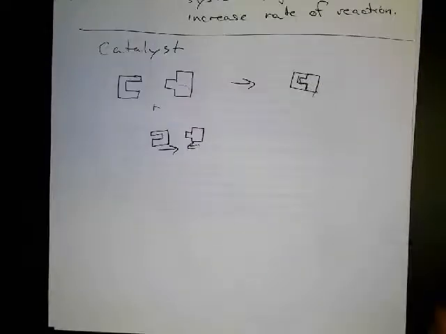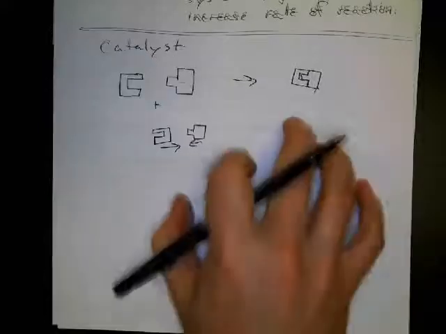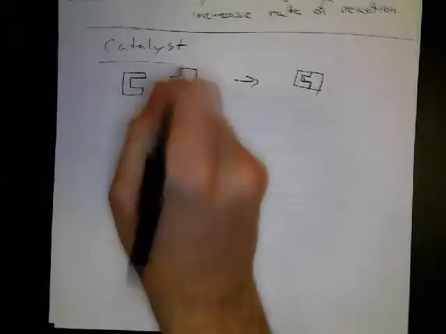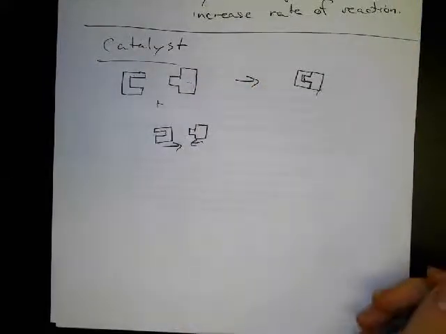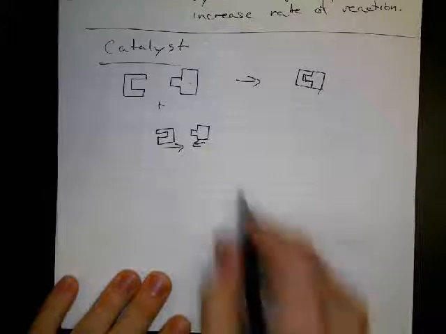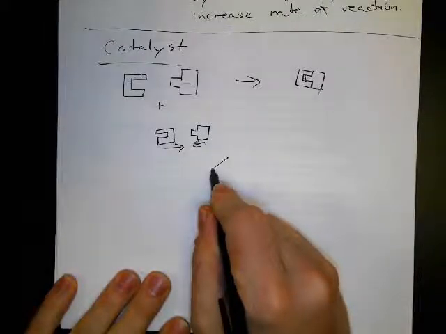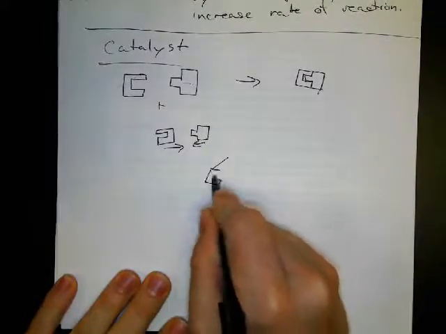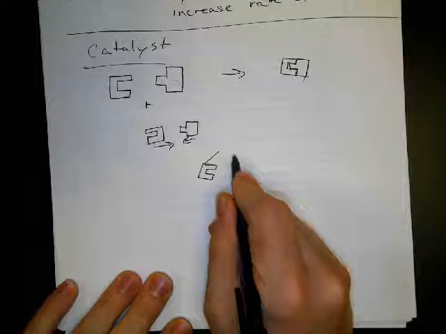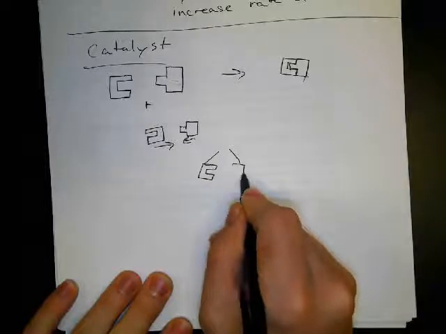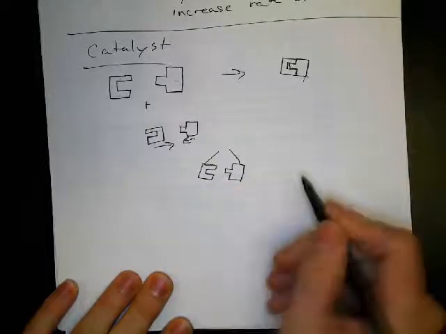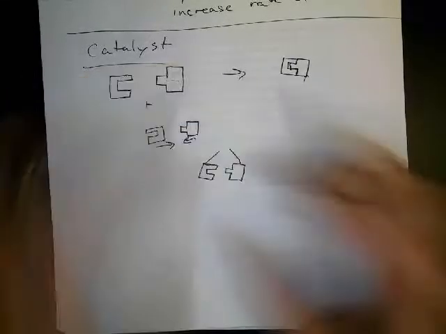Well, a catalyst is a molecule that makes that happen. Suppose that the catalyst had a little arm here, and it could hold on to this atom in such a way, and hold on to this atom in such a way, that it always faced them in the right direction, so that when they were coming towards each other, they'd fit right in.